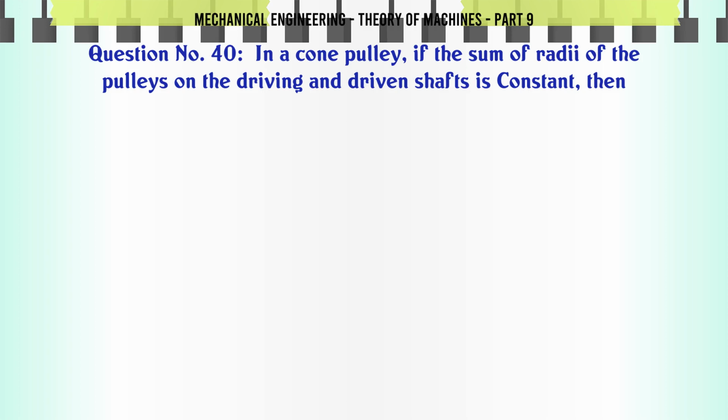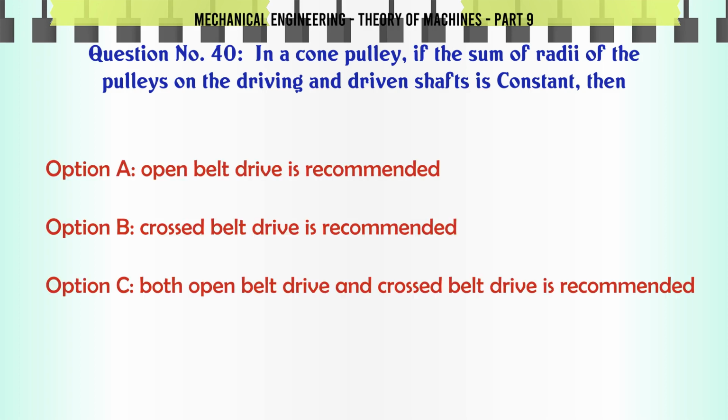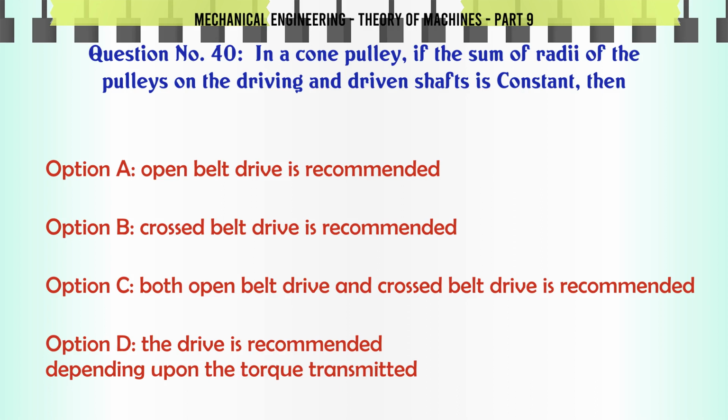In a cone pulley, if the sum of radii of the pulleys on the driving and driven shafts is constant, then A. Open belt drive is recommended. B. Crossed belt drive is recommended. C. Both open belt drive and crossed belt drive is recommended. D. The drive is recommended depending upon the torque transmitted.